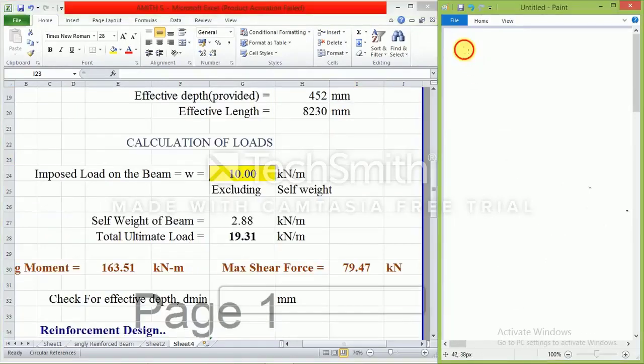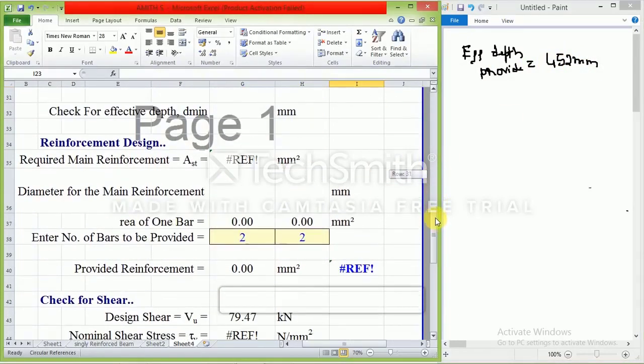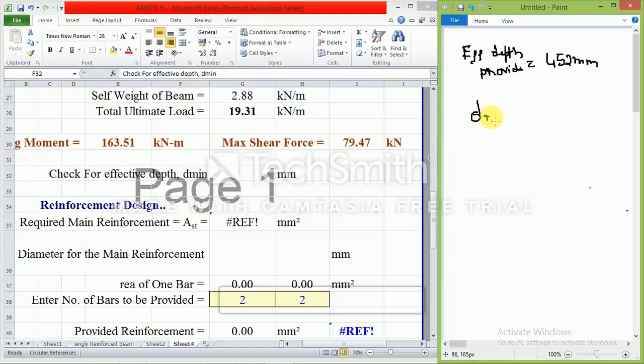Okay, I'll just write here effective depth provided. So what is the effective depth provided? That is 452 mm, right? Now here we need to calculate the check for effective depth, that is D minimum, the limiting value.